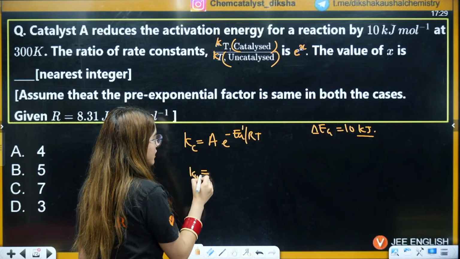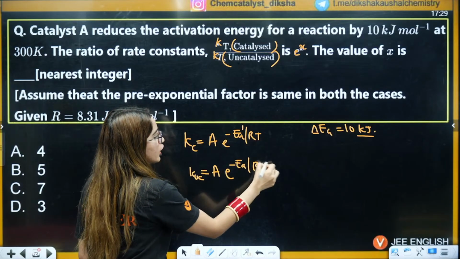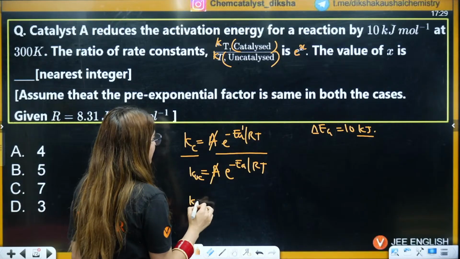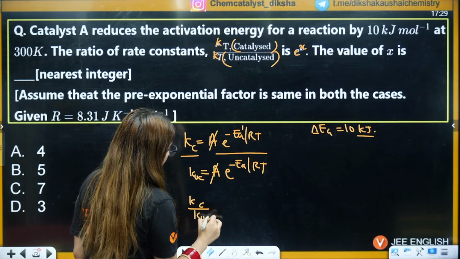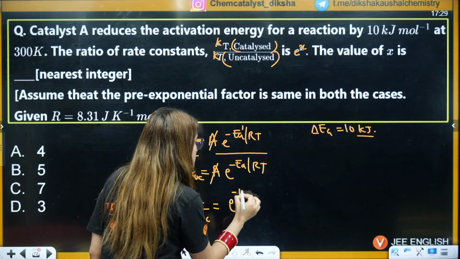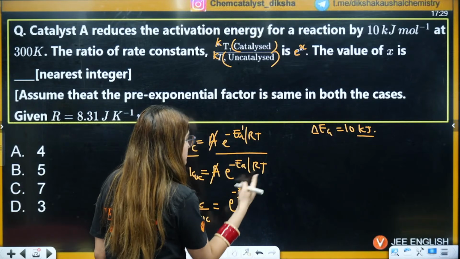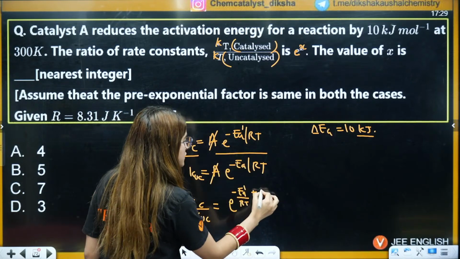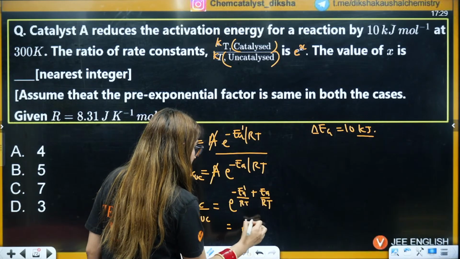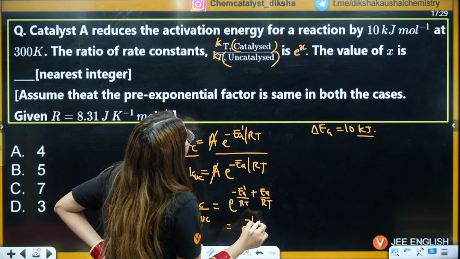Without catalyst, uncatalyzed, A is the same, this is e raised to power minus Ea by RT. You can see if you take the ratio here, this A is the same, this is catalyst by uncatalyzed. This is e raised to power minus of Ea dash by RT, this is minus of minus, that is plus Ea by RT. So it is going to be e raised to power, you can take 1 by RT here, right?